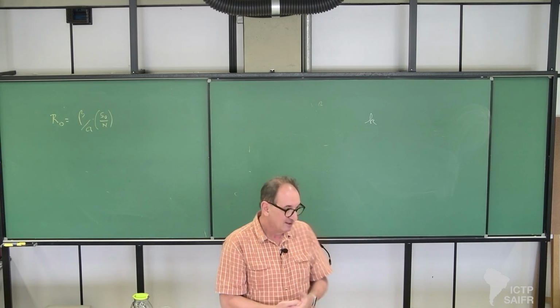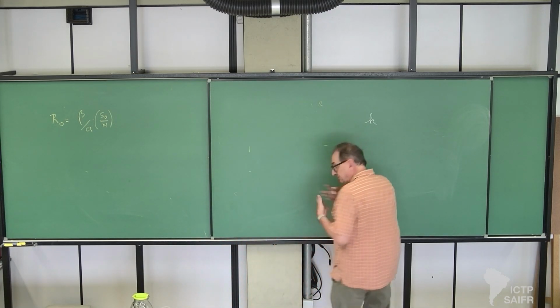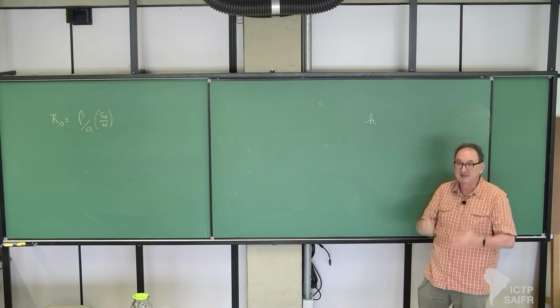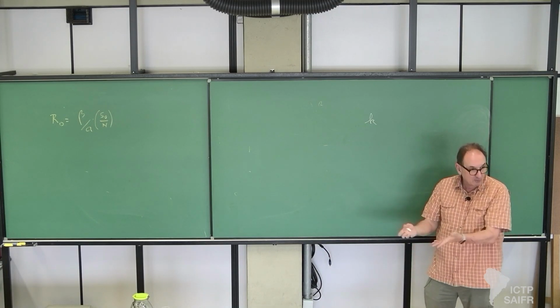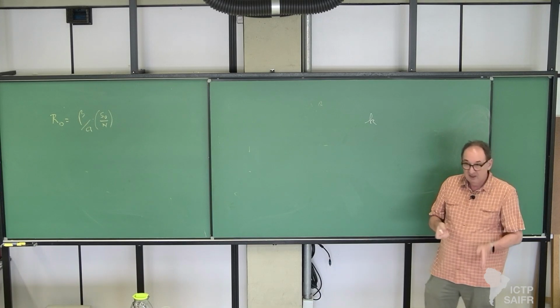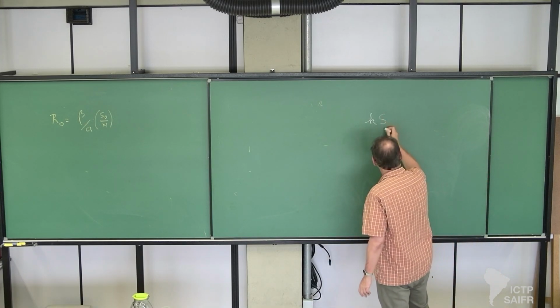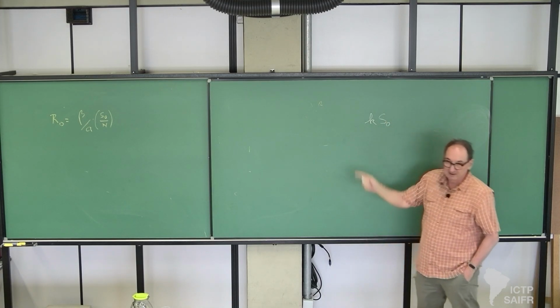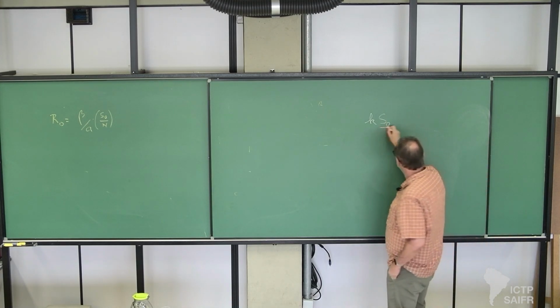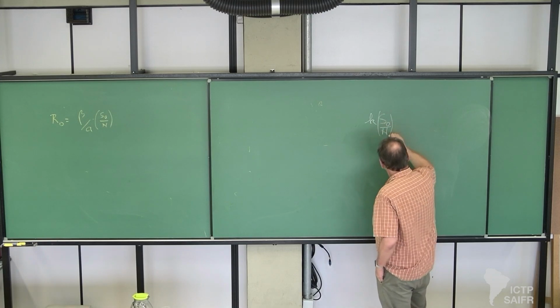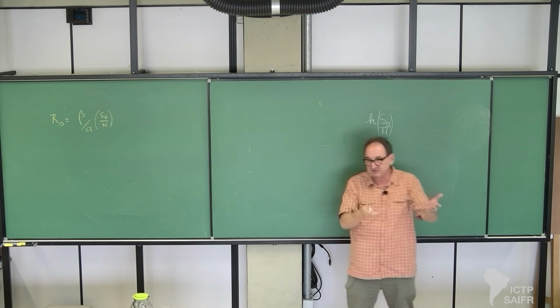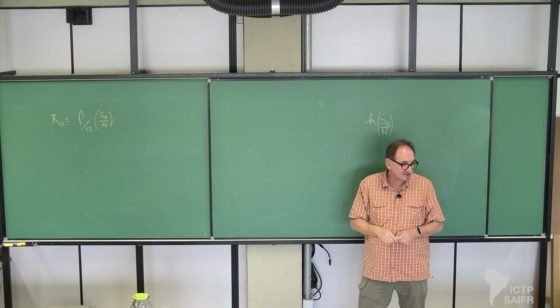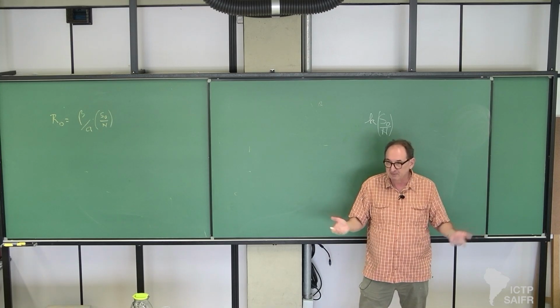Therefore, the probability that the infection will occur given a contact will be proportional to the number of susceptibles in the population, S, in the same notation, over N. It's just the proportion of susceptibles in the population.